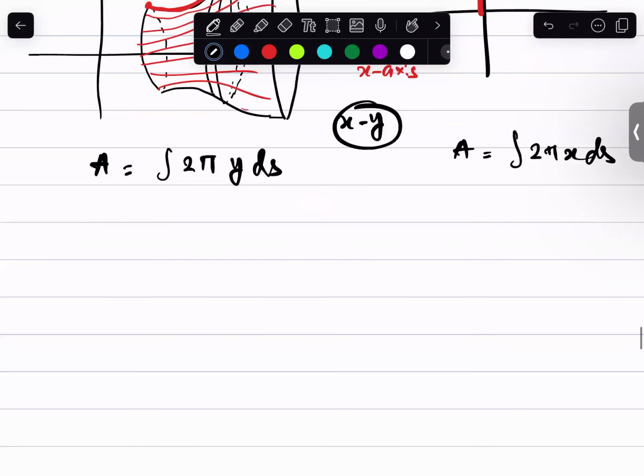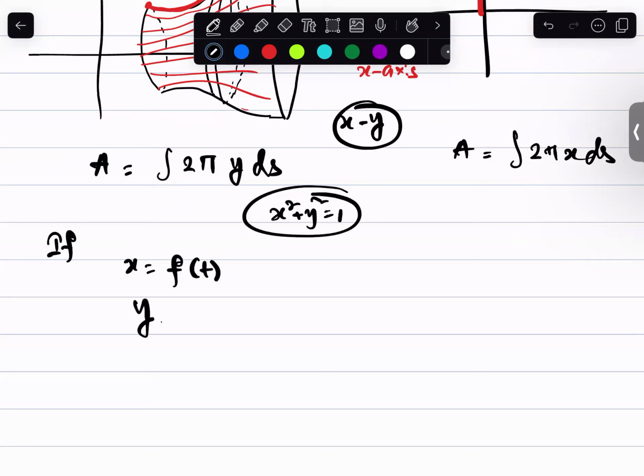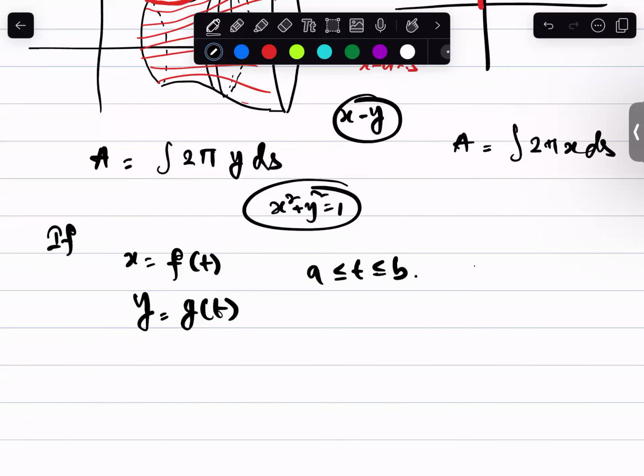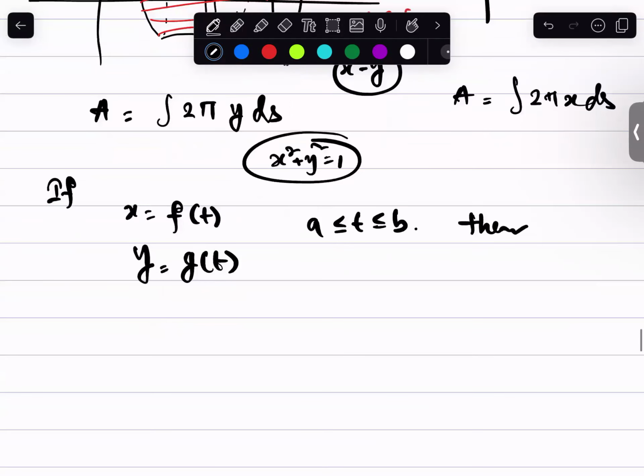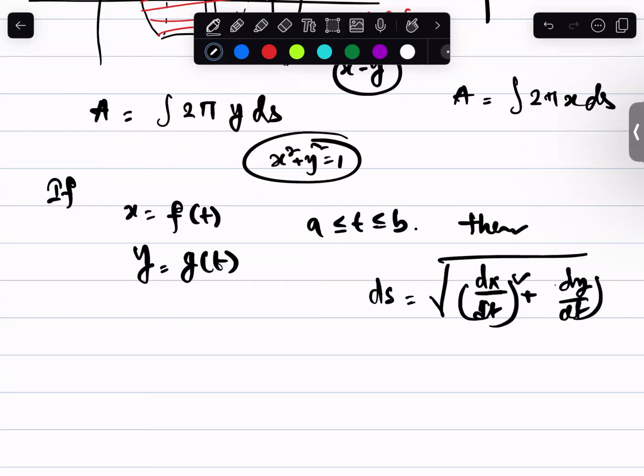Now, again, instead of an xy equation, like say x squared plus y squared equal to 1, if I have x equal to f(t) and y equal to g(t), where t is going from a to b, if I have this parametric equation, then also my ds will be just square root of (dx over dt) squared plus (dy over dt) squared dt.